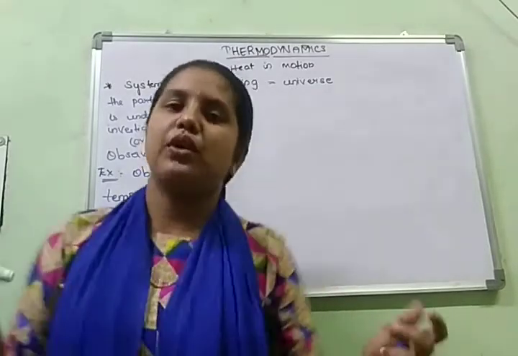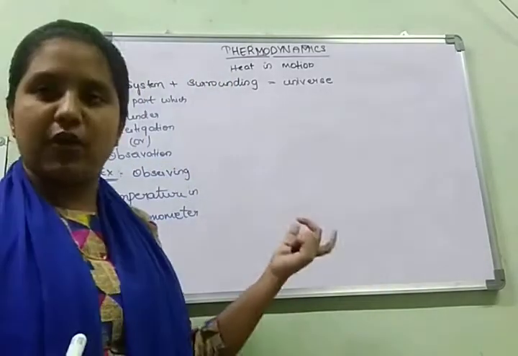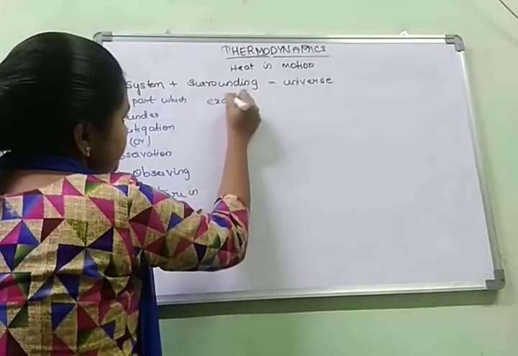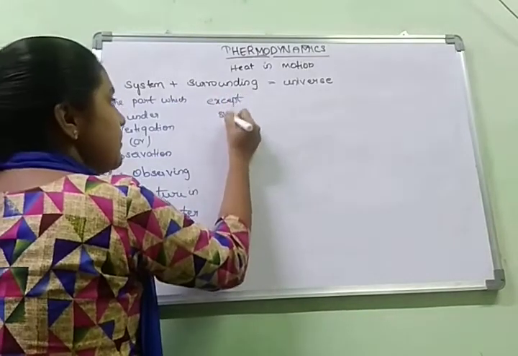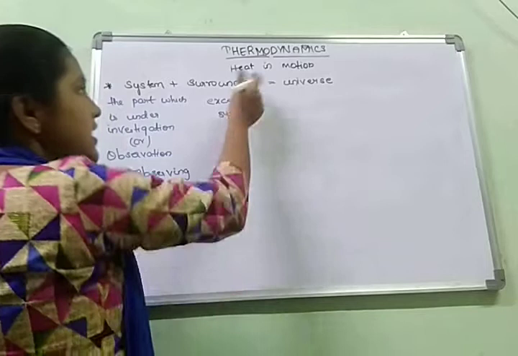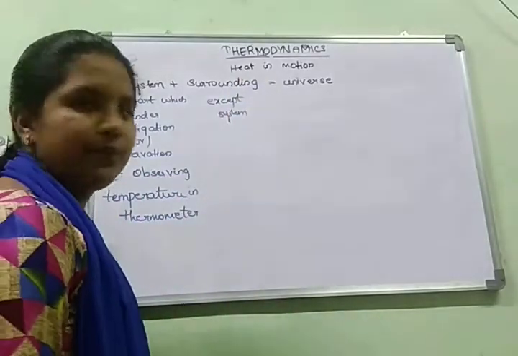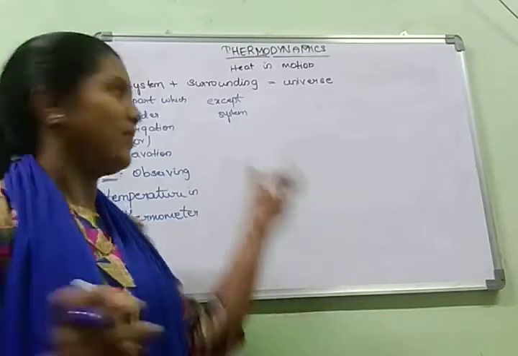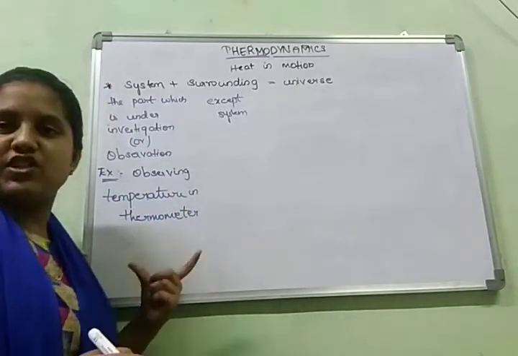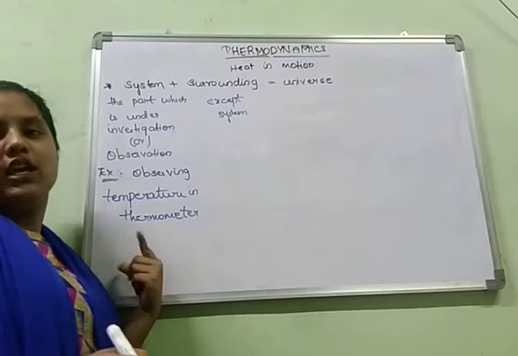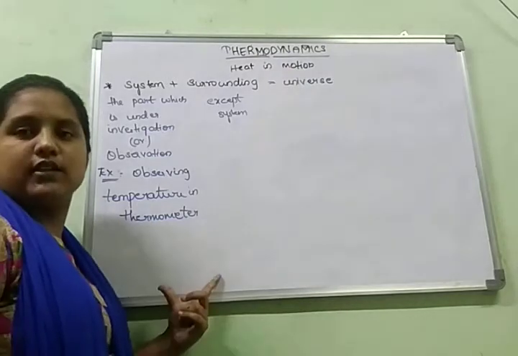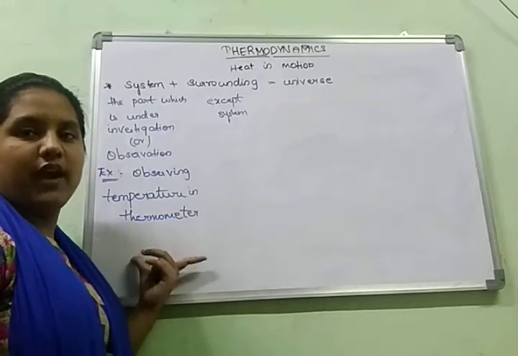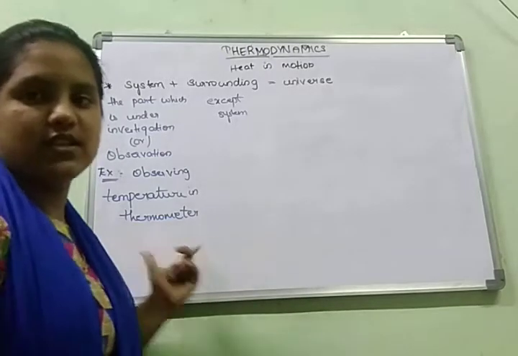Now, what is meant by surrounding? Surrounding is nothing but everything except the system. Except the system, everything in the universe is surrounding. System is the part under investigation or observation, and if we combine these two, it gives us universe.